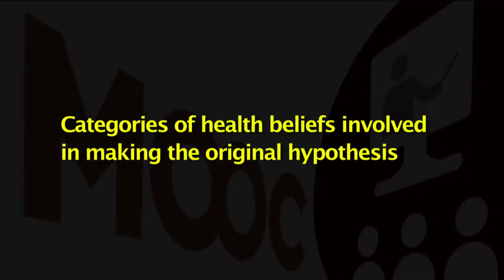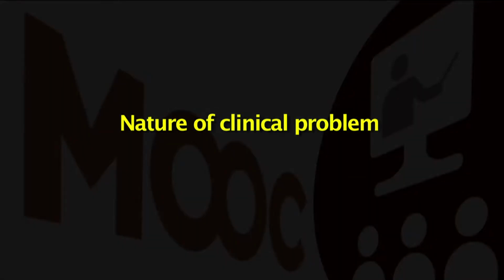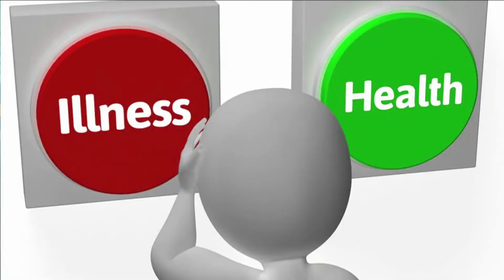Now, let's talk about the categories of health beliefs involved in making the original hypothesis. The health professionals' very own beliefs about the nature of clinical problems may be discussed now. They have their own set of beliefs about health and illness. This pre-existing factor of possessing these own health beliefs may influence the choice of their hypothesis.